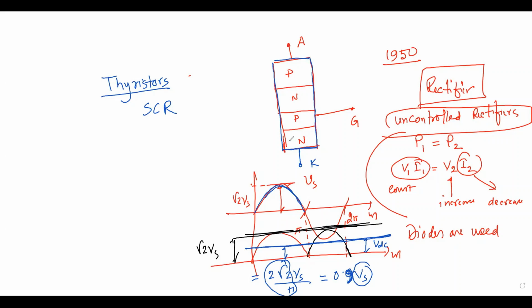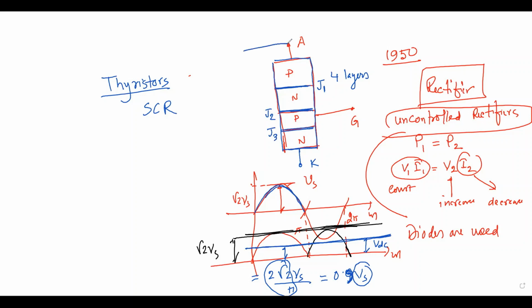So look, how many junctions are there in this 4-layer device? 4 junctions. No, 3 junctions. Sorry, 4 layers. Okay, J1, this is your J2, this is your J3. Suppose it is a diode.